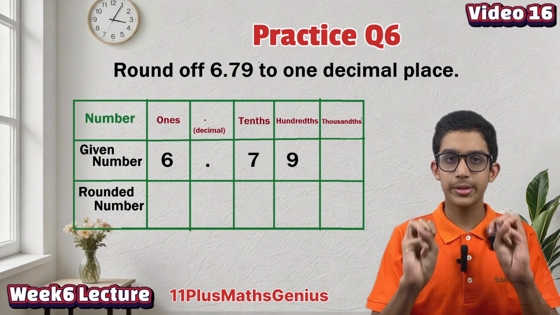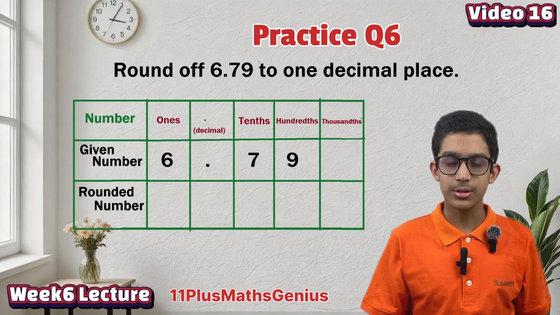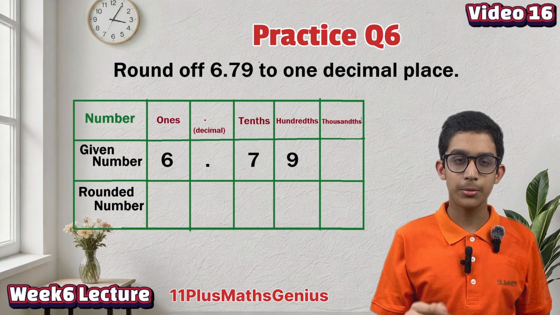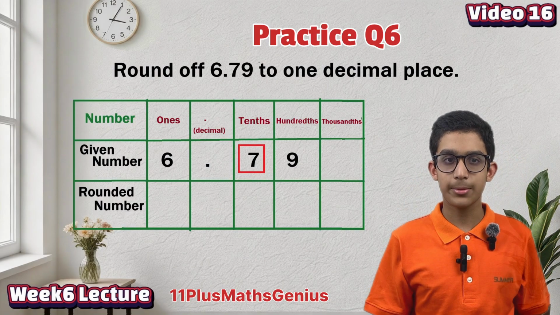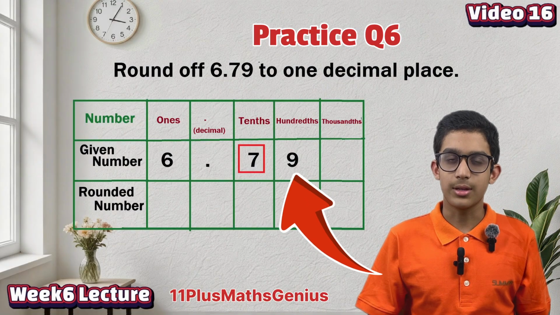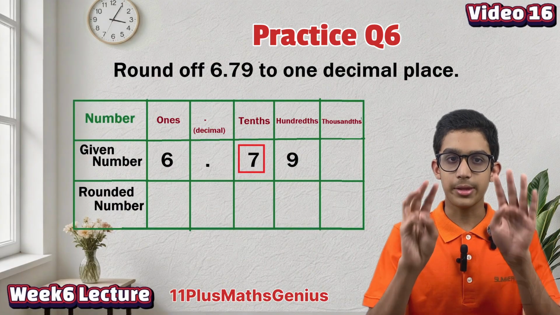Practice question 6. Round off 6.79 to 1 decimal place. Here, the 1 decimal place is 7. Whether we change 7 or not depends on the next number. As 9 is bigger than 4, we add an extra 1 to 7.